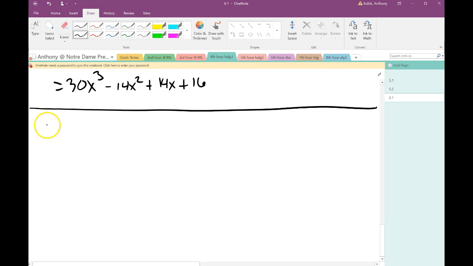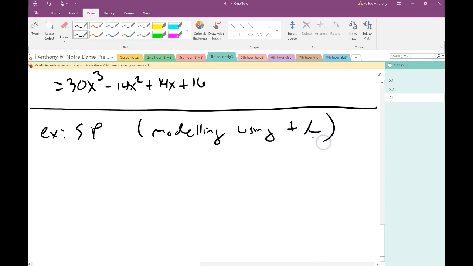Let's look at an example story problem. What we're doing here is modeling situations using addition and subtraction. The example I'm looking at is example 3 on page 274.